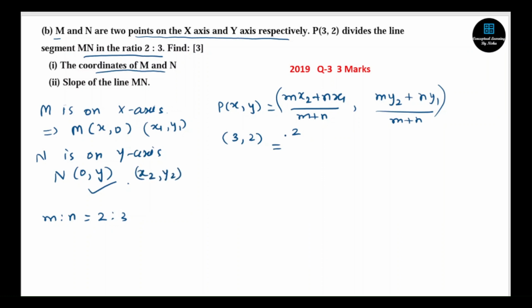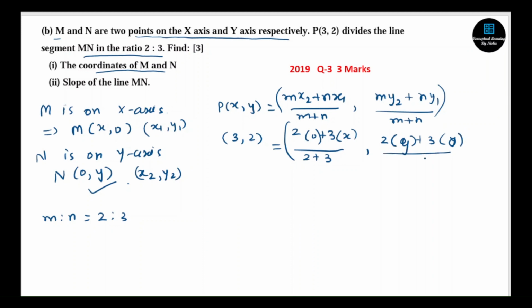So x2 is 0 plus, what can I say, n. N is 3, x1 is x upon m plus n. So 2 plus 3. Alright, same way we'll write for this. So 2 times 0 plus 3 times y, correct? Sorry, this is y and this is 0.